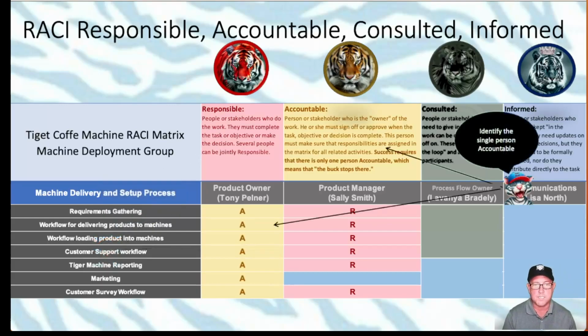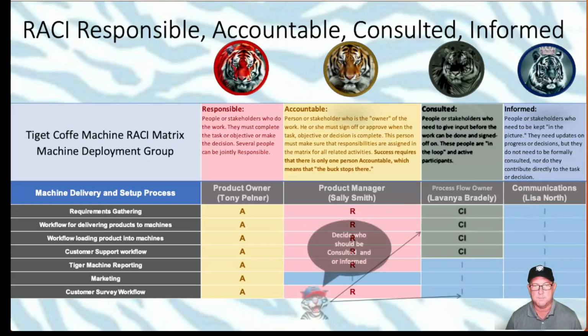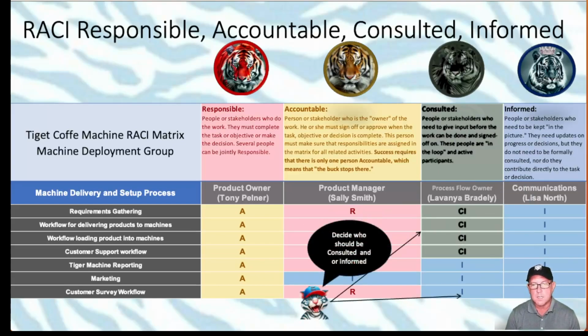Then we're going to talk about who's accountable. And in this example, it's a single person, as you can see, and I'm being accountable since I'm pretty much the program manager and I kind of own the product and service for this. Then we're going to talk about who should be consulted and who should be informed.